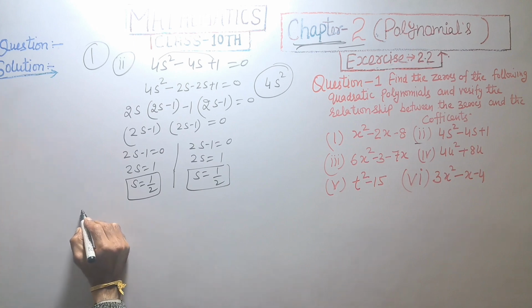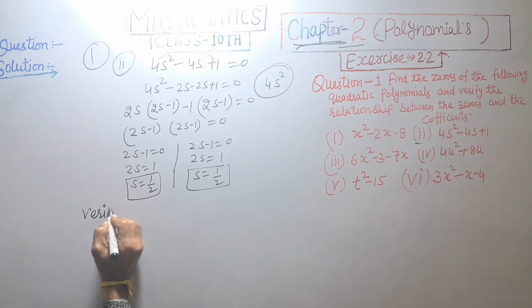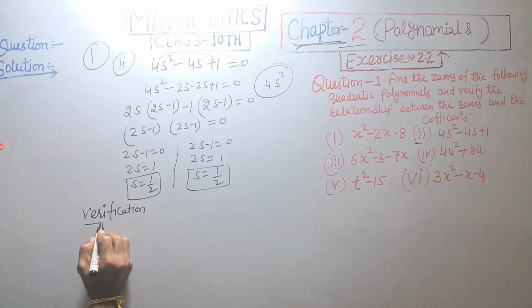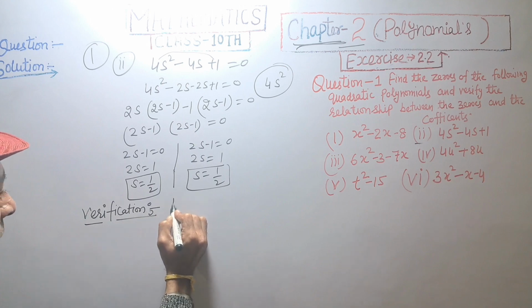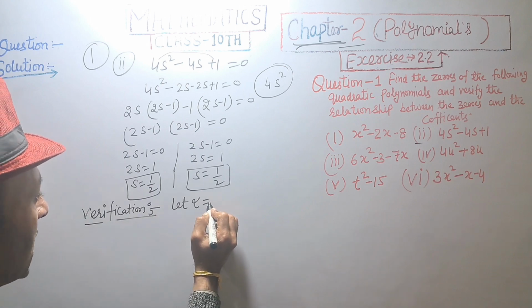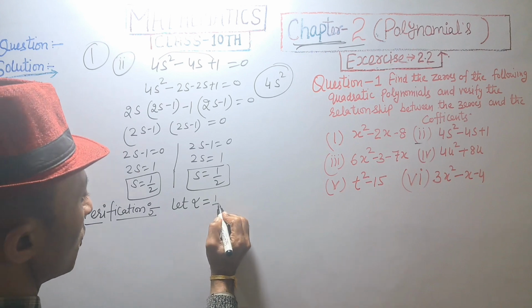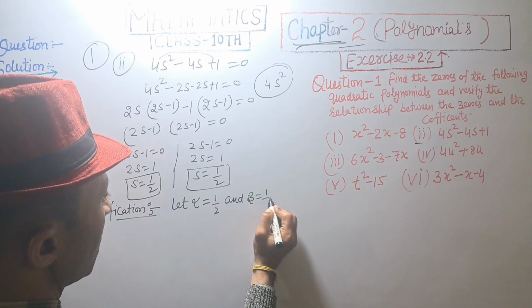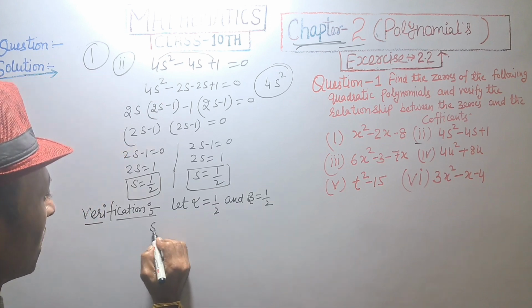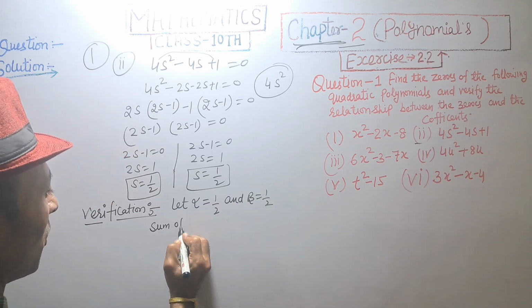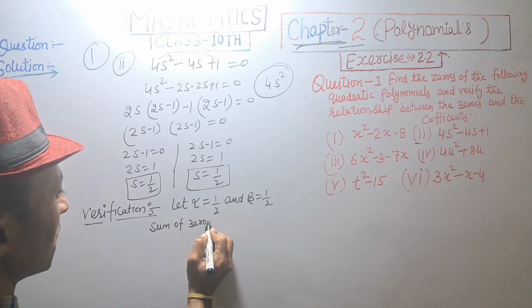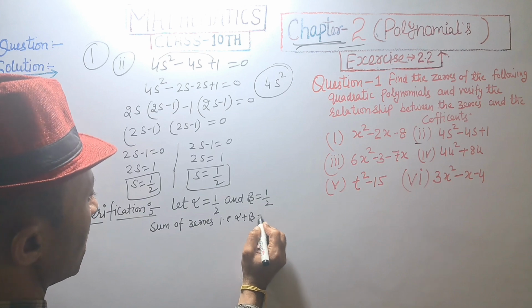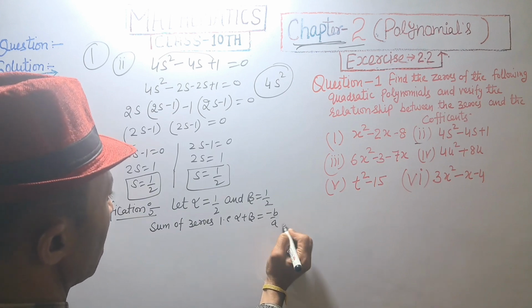Verification. Let alpha is equal to 1 upon 2 and beta is equal to 1 upon 2. Sum of zeros, that is alpha plus beta, equal to minus b upon a.